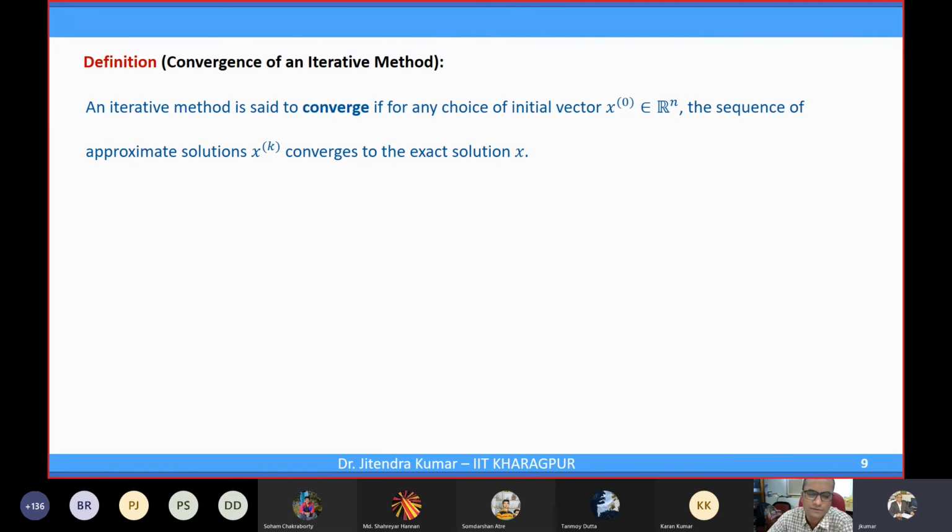That is how we define that a method is convergent. This is what we have discussed also before.